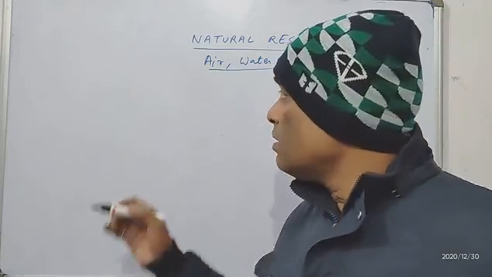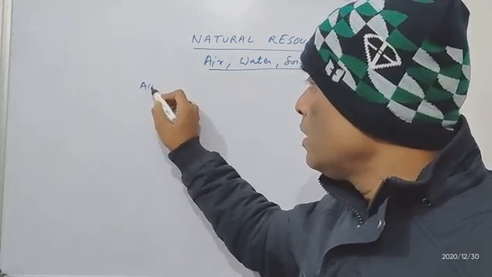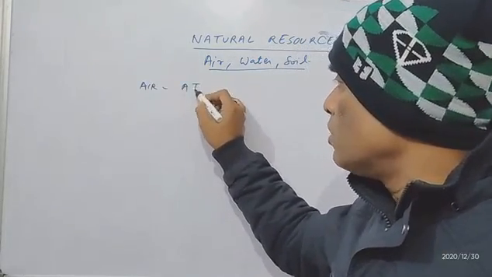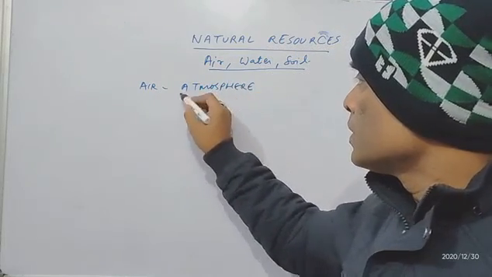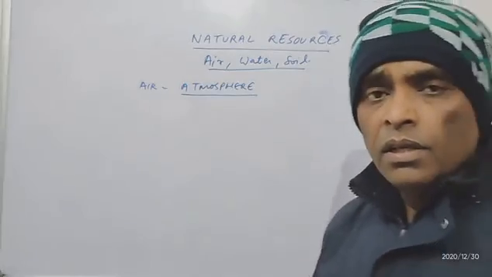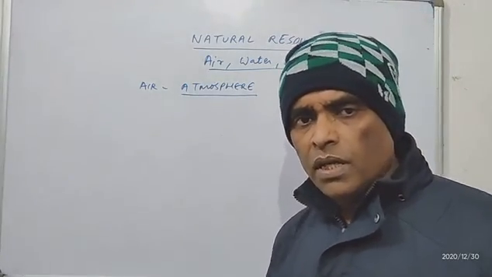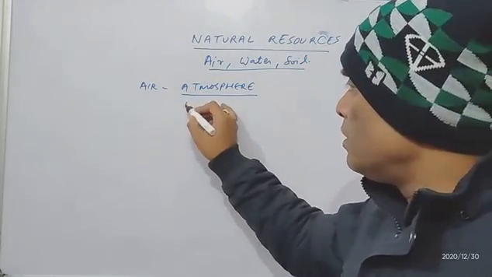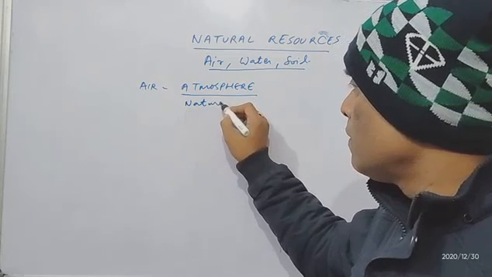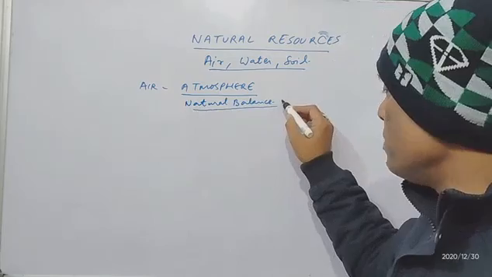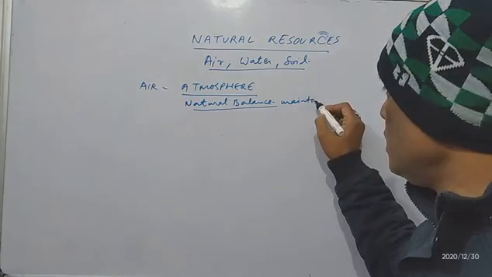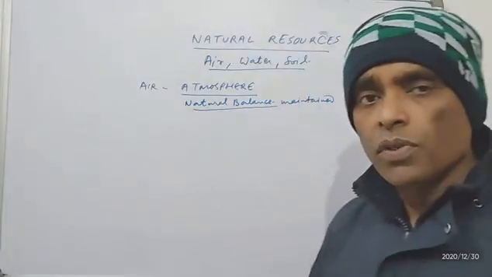So let us begin with our air. Air, of course, we are talking about atmosphere. A few topics that you need to understand here is the natural balance that is maintained in nature, in the atmosphere.